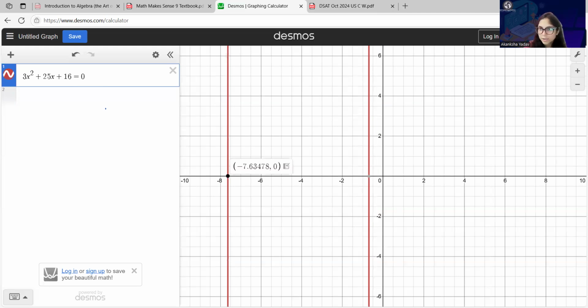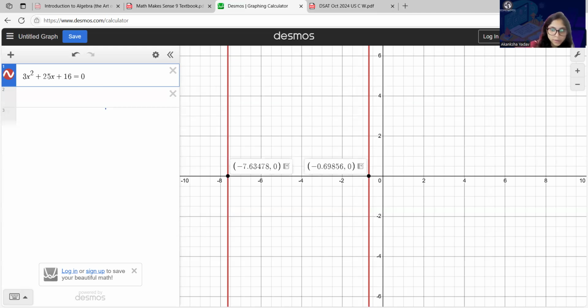These two are your solutions. So whenever we are solving equations, this is how we solve the equation. For a linear equation, you write the equation, you will get one vertical line. For a quadratic equation, you write the equation, you will get two vertical lines, you will get both the solutions. And sometimes you will not get anything because there is no solution. And sometimes you'll only get one line because there's only one solution.